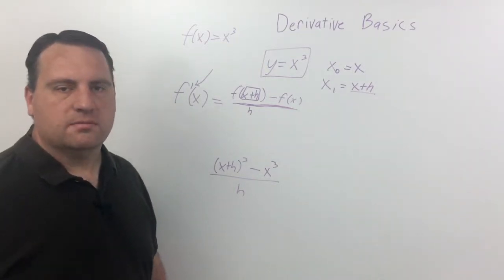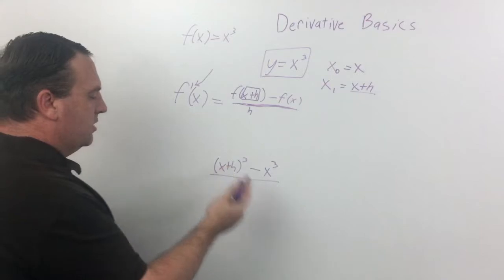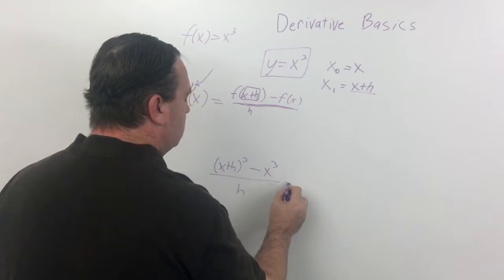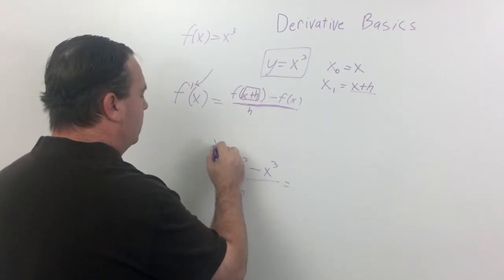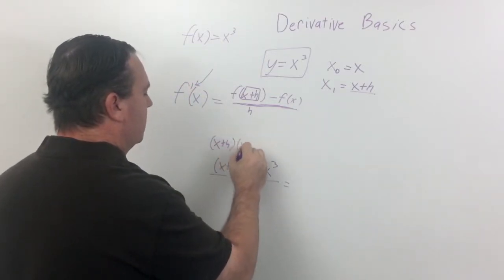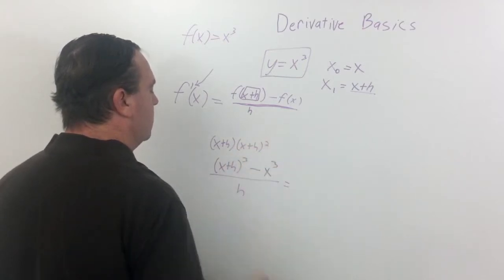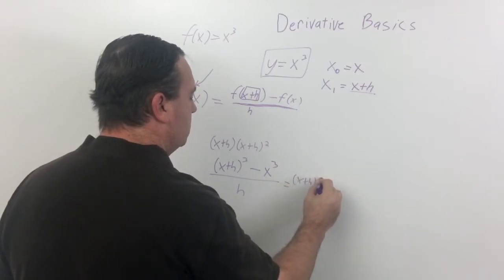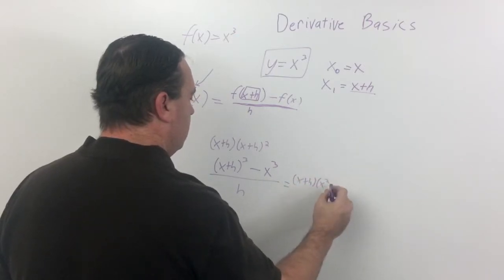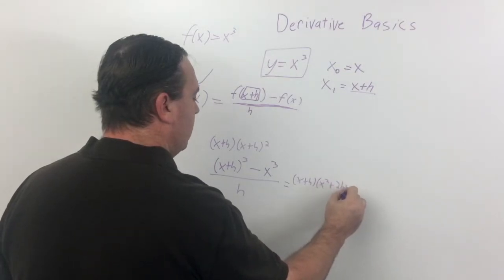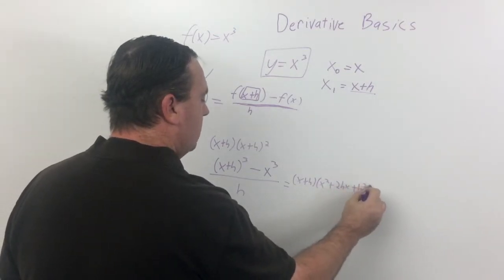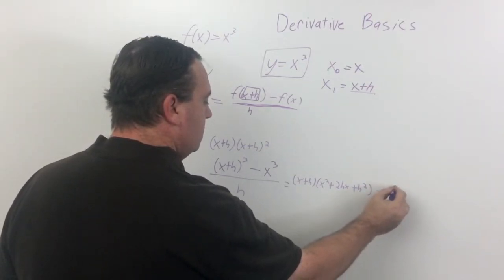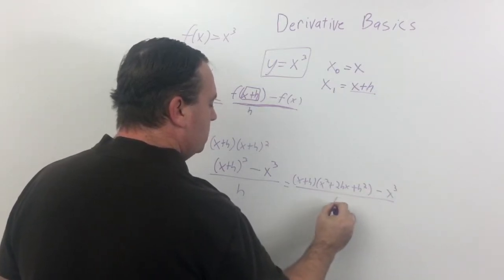Now to actually work the problem, I have to expand it out. So x plus h cubed, what's that? Well, that's kind of hard. So we'll start by just separating it out into x plus h times x plus h squared. And that will give us x plus h times x squared plus 2hx plus h squared minus x cubed all over h.